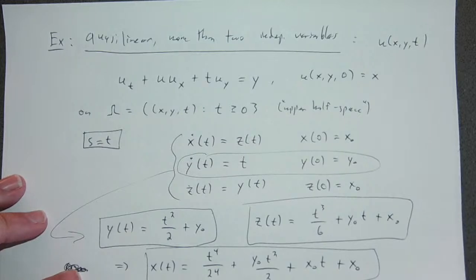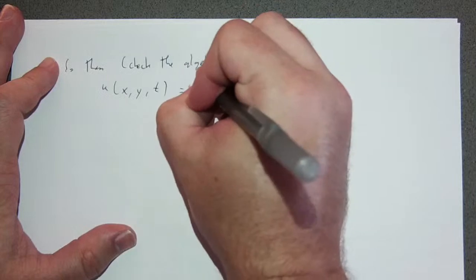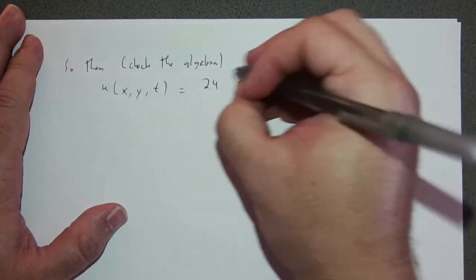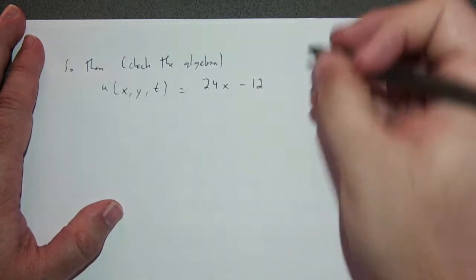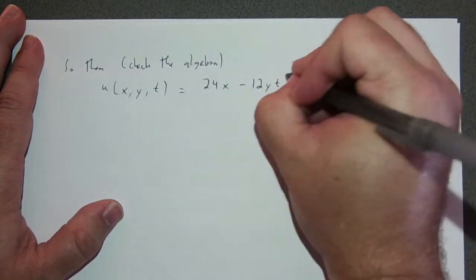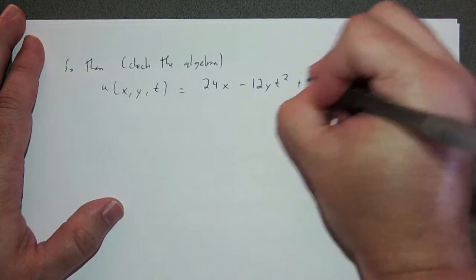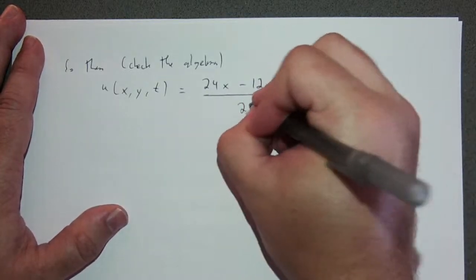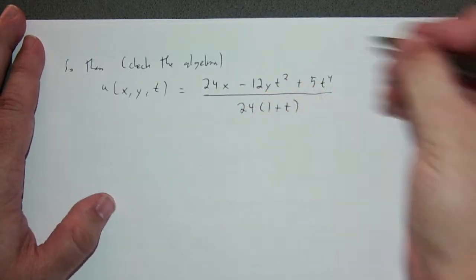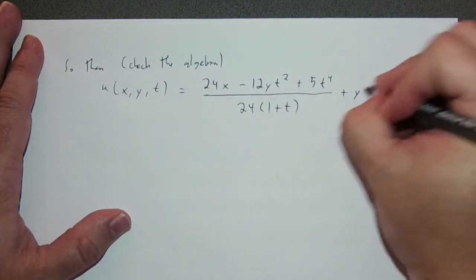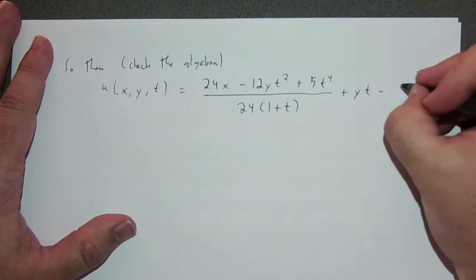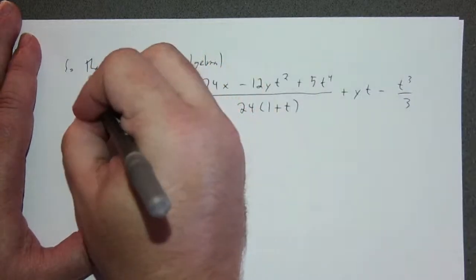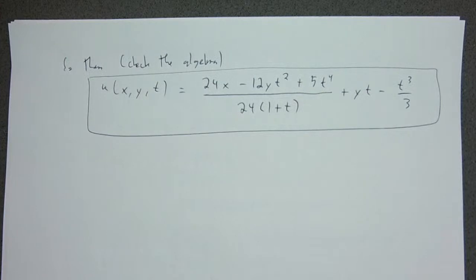So subbing that in here for x naught, all of this stuff yields the following, which is 24x minus 12yt squared plus 5t to the fourth, all over 24 times 1 plus t, plus yt minus t cubed over 3. This is one form you could write it in.